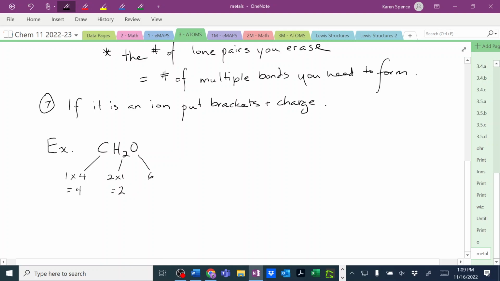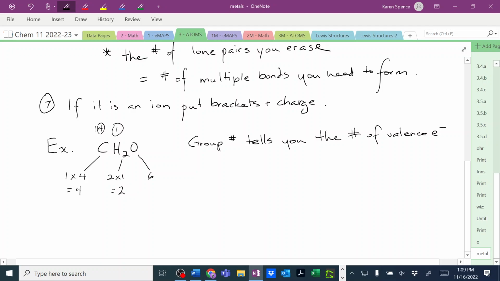6. If you don't know the number of valence electrons, where do you look? The group number tells you the number of valence electrons. So carbon is group 14, so it has 4 valence electrons. Hydrogen is group 1, so it has 1.